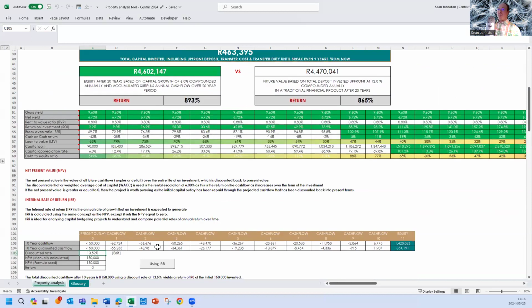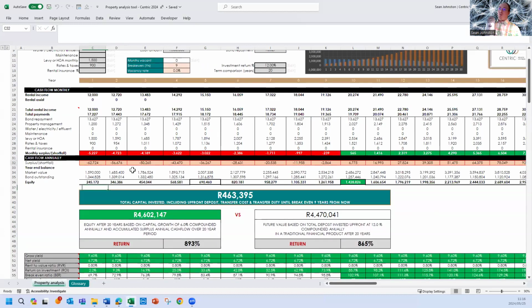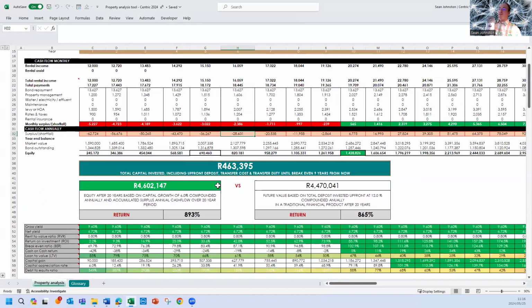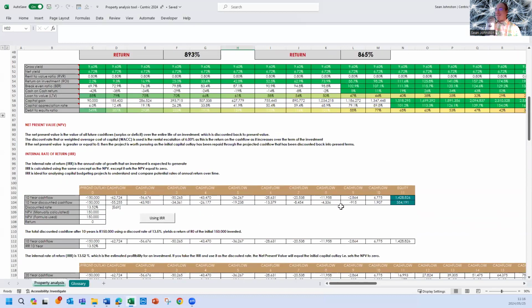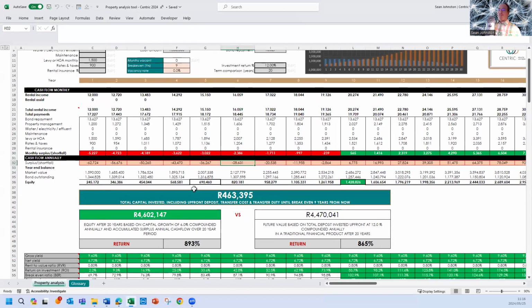And I'm going to say for this particular property, the outflow was 150,000 because it was the deposit of 10%. The cash flow in year one was 62,724, 56,776, 50,043, 36, etc., etc. But you need to discount that back to present terms because this is future cash flow, which has been adjusted by all these assumptions over here.